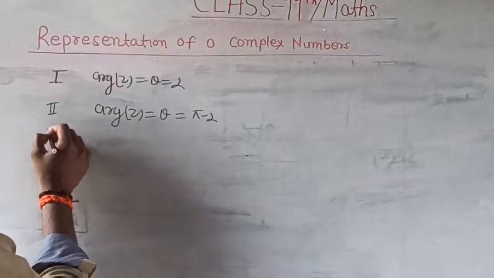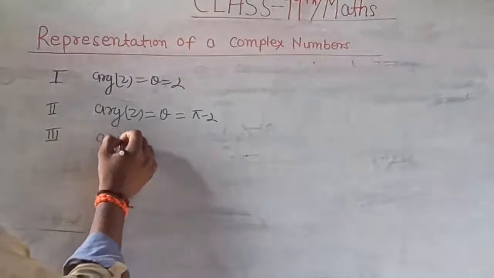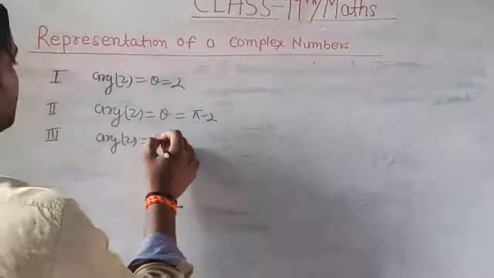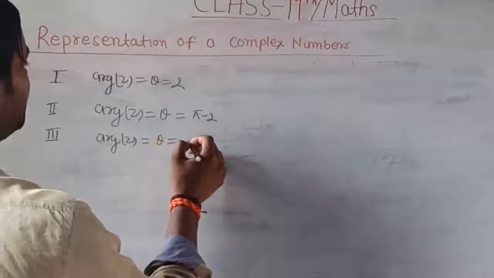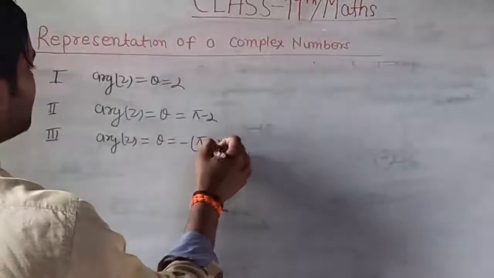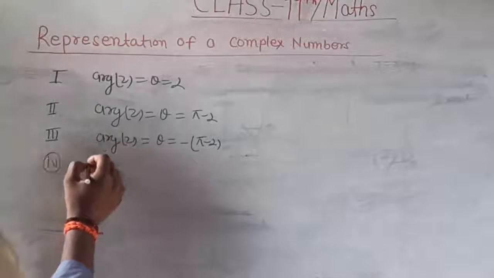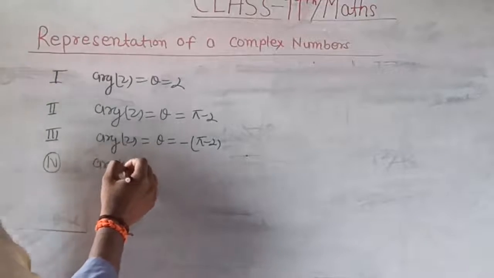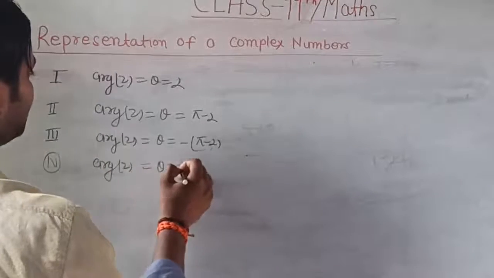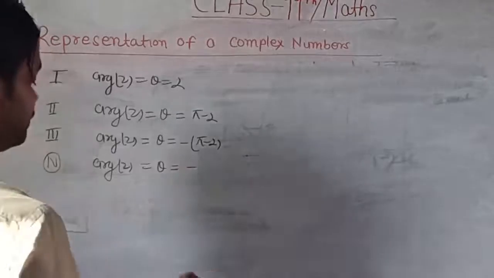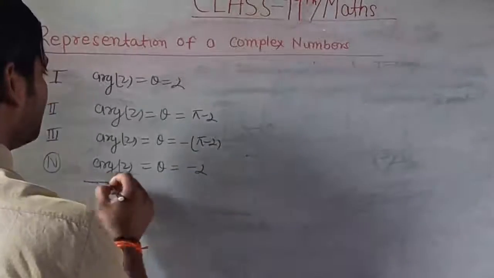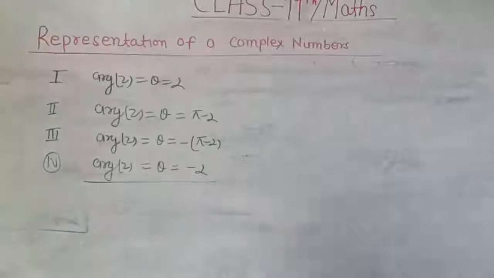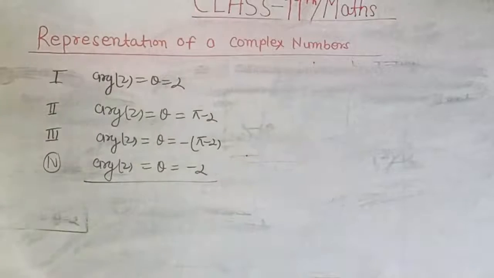In the third quadrant, the argument theta equals minus pi minus alpha. In the fourth quadrant, the argument theta equals minus alpha. These are how the argument differs in different quadrants.